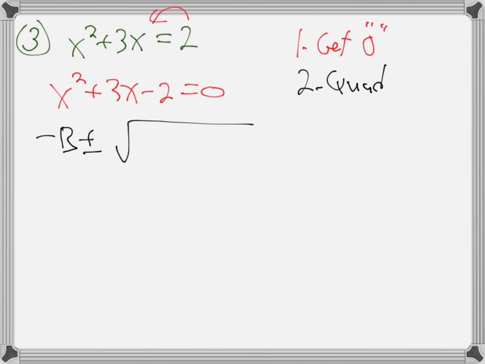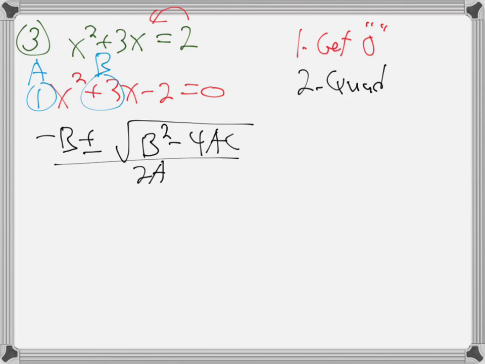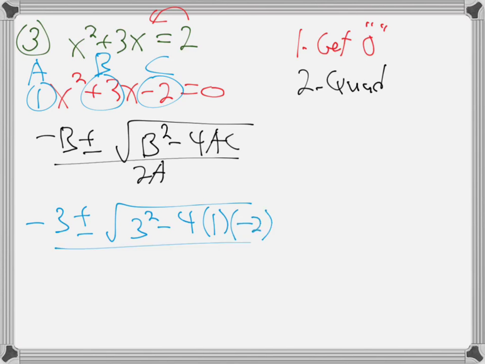Negative B plus minus the square root of B squared minus 4AC all over 2A. So A is 1, B is 3, C is -2, huh? So negative B, -3, plus or minus the square root of B squared, 3 squared, minus 4 times A times C all over 2A. Good so far.